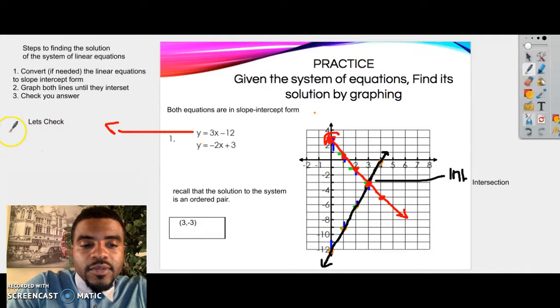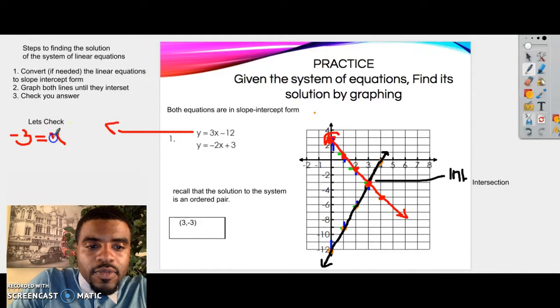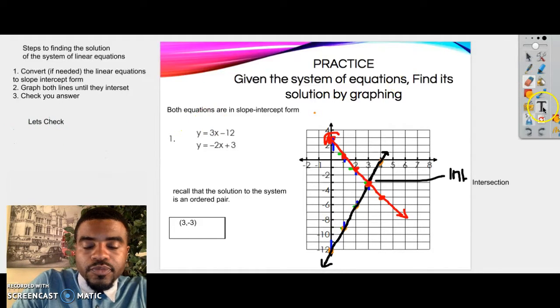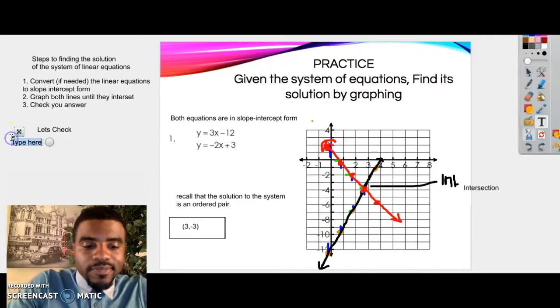I'm going to check this one. It says y is negative 3. So say negative 3 equals 3 times 3 minus 12. Let me redo that for you guys. Try to type it.